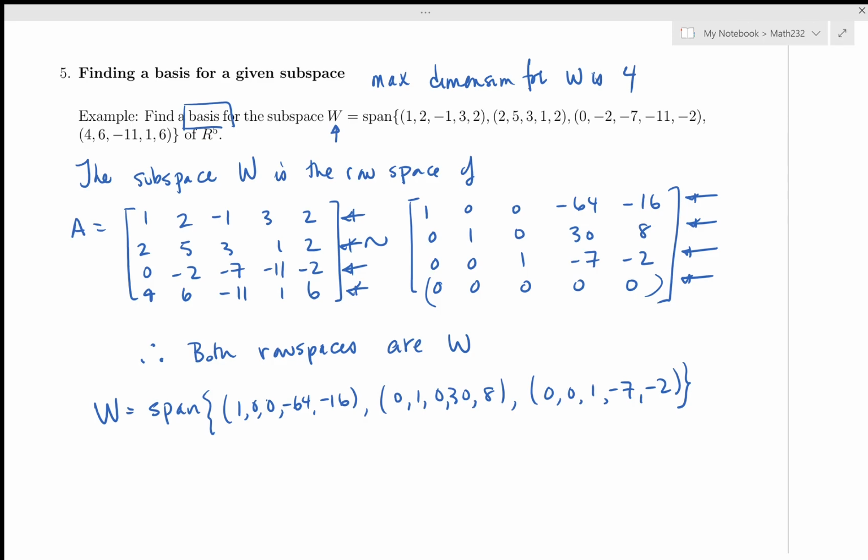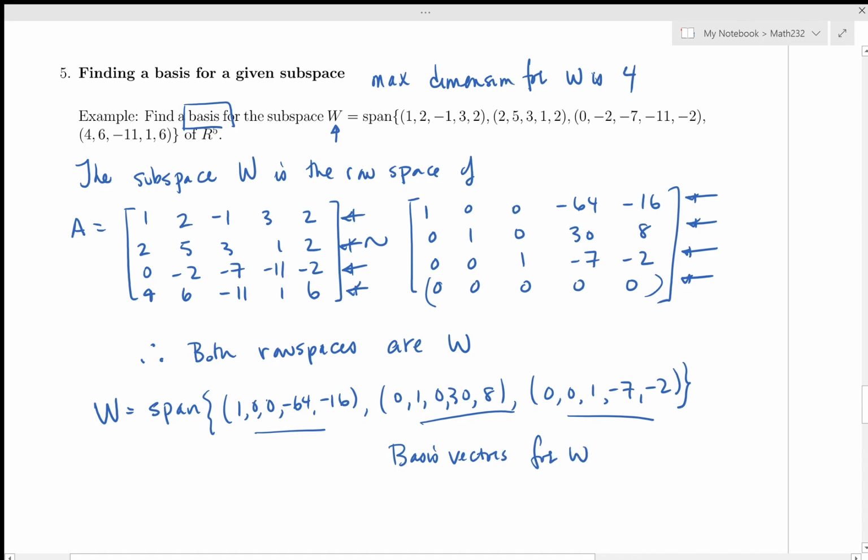So I now have a basis. These three vectors are the basis vectors for W. Further, I also know that the dimension of W is 3, the number of linearly independent vectors. I knew that it couldn't be more than 4, but it turns out after this that it is actually 3.